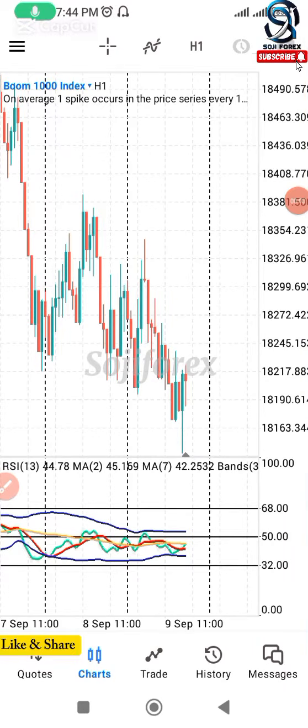Regardless of your trading strategy, be it smart money, price action trading, moving average, or any indicator combination that you are using as a forex trader, key zone and level are fundamentals when it comes to trading forex.